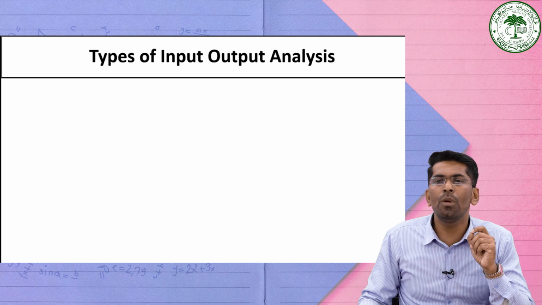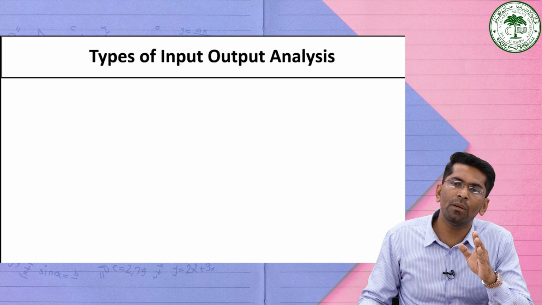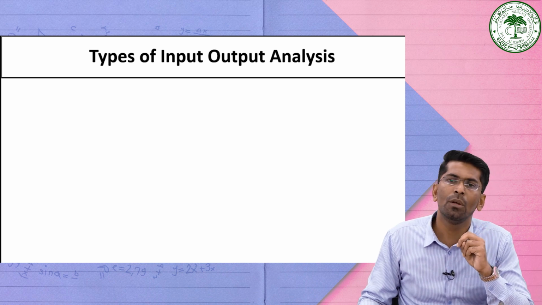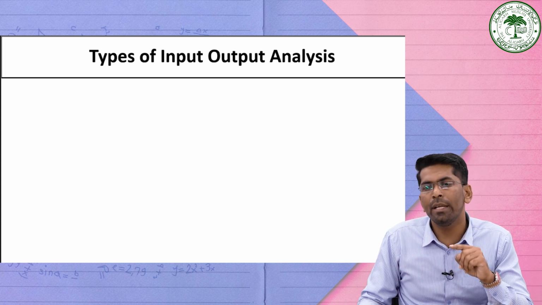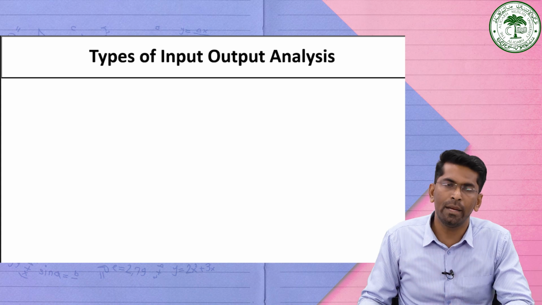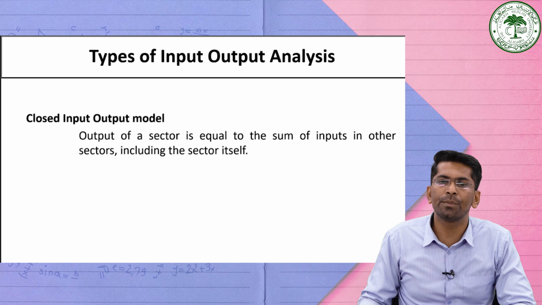An input-output model can be structured either in a closed or in an open form. Accordingly, we have two models: one is the closed input-output model and the other is the open input-output model. The first one is the closed input-output analysis model.